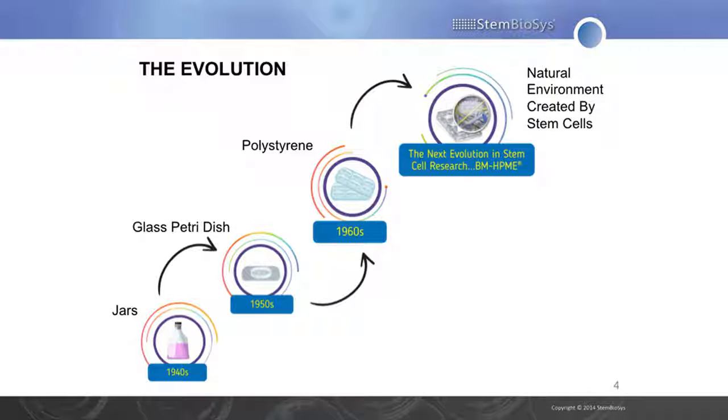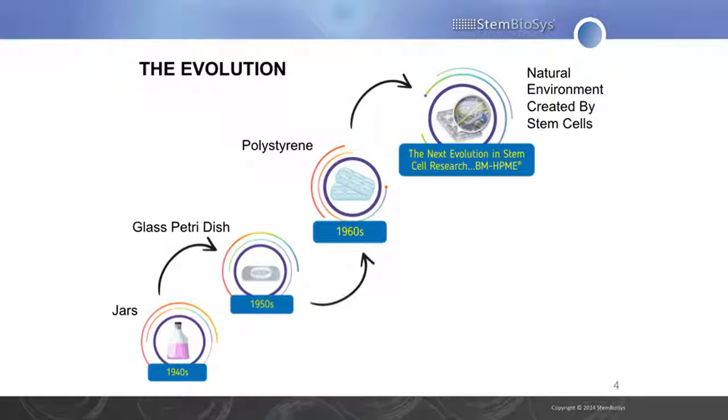So let's look at the methods for cell culture and how they've evolved over the years. Looking at this slide on the bottom left, in the 40s, we were using jars a lot of times to do cell culture. Going forward to the 50s, glass petri dishes came in, and a lot of times these glass dishes were coated with different substrates, but that was the primary method of use at the time.